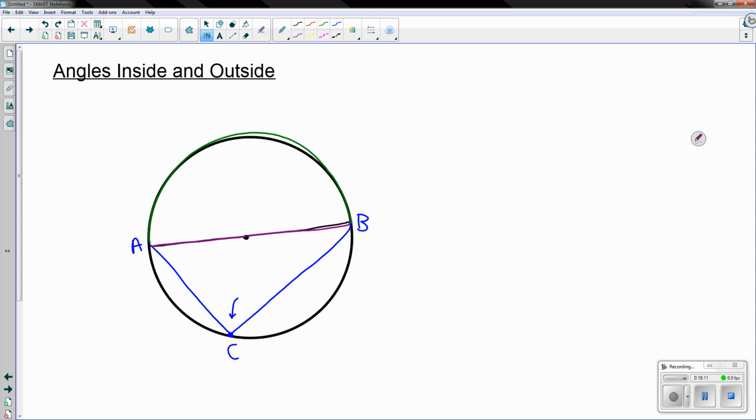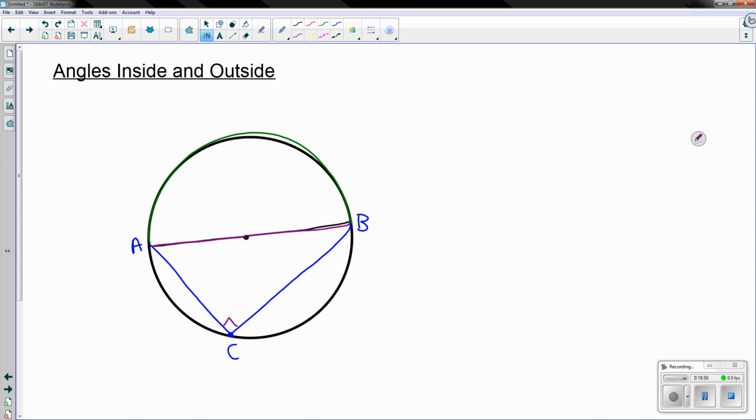Now, what do we know about that original angle we were looking at? Well, it should be half the measure of the intercepted arc related to it, in which case that would make this a right angle, and now we have a right triangle with the two chords and the diameter. So something you want to pay attention to is when you have an inscribed angle formed by two chords where the intercepted arc is a semicircle, you can form a right triangle because you know the semicircle is 180 degrees.